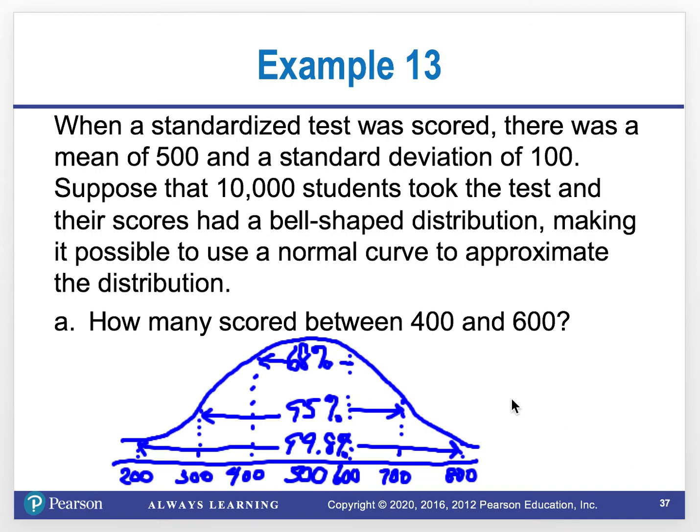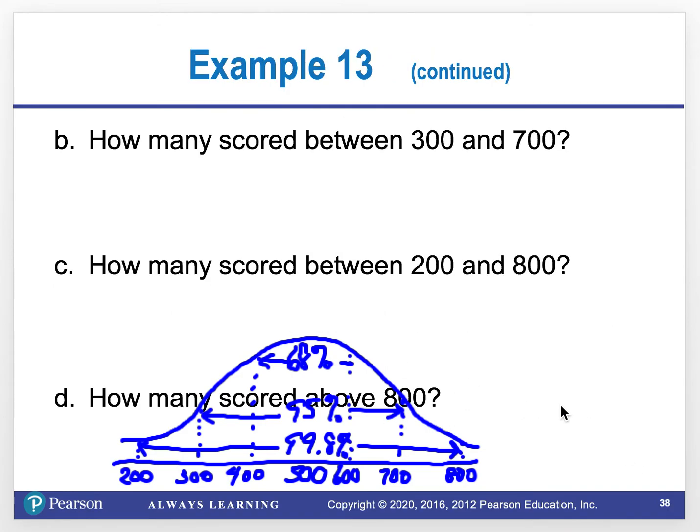So, same question. Okay, how many scored between 300 and 700? All right, well, 300 and 700, that's this number to that number.